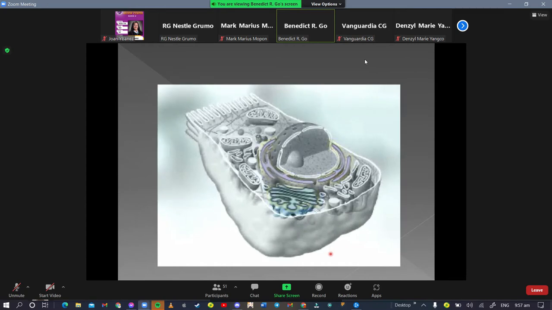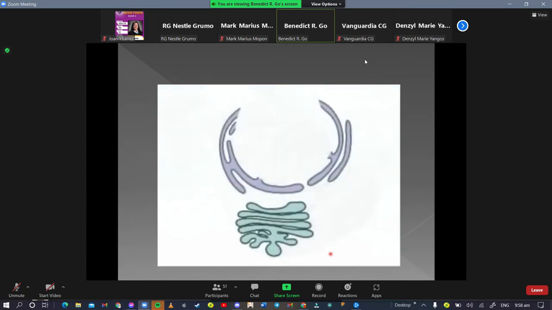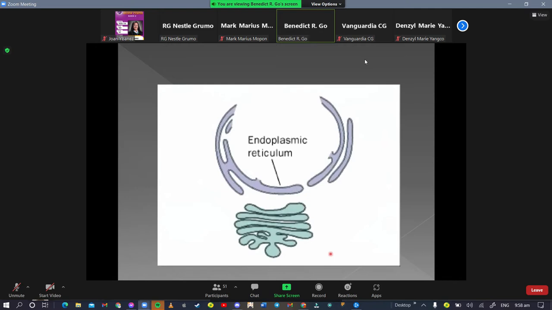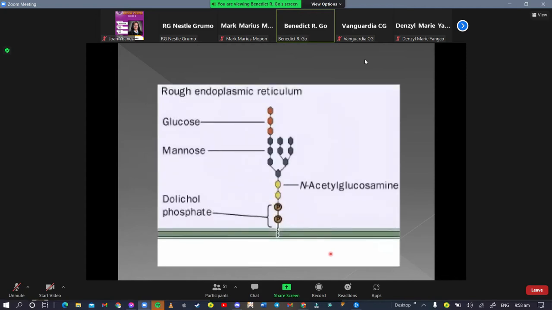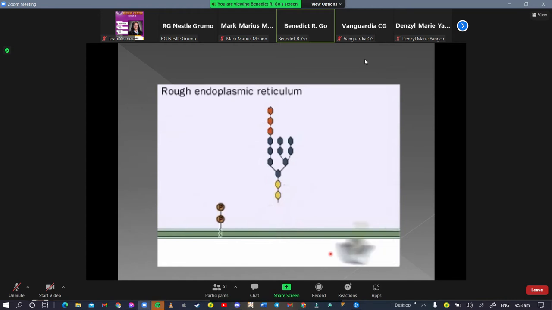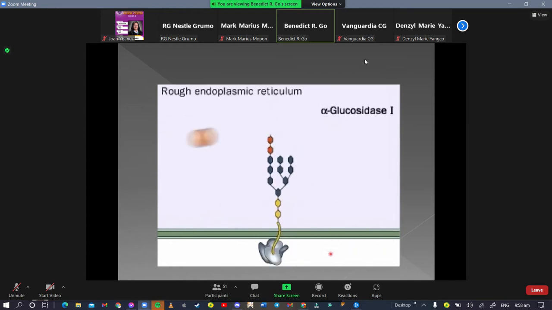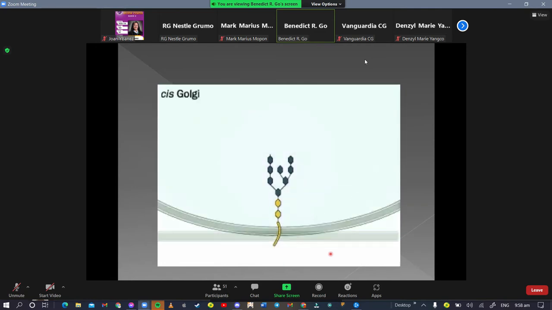Glycosylation, adding sugars to proteins, begins in the endoplasmic reticulum and continues in the Golgi apparatus. Let's examine the process for one protein. Enzymes in the ER remove glucose and mannose residues from the oligosaccharide chains. Vesicles transport the glycoprotein to the cis-Golgi network, where one of 2 events occurs.